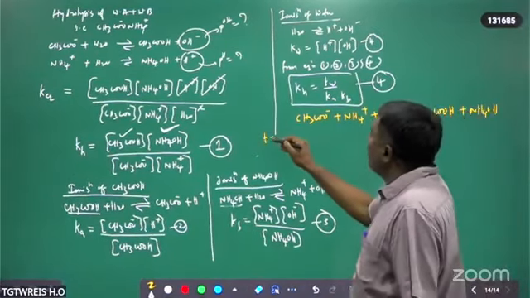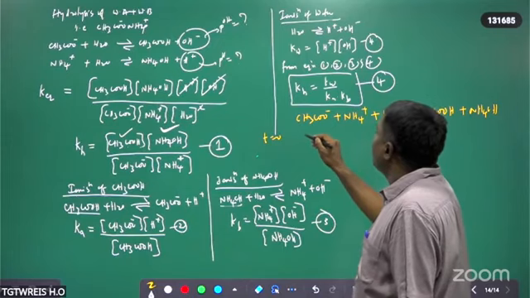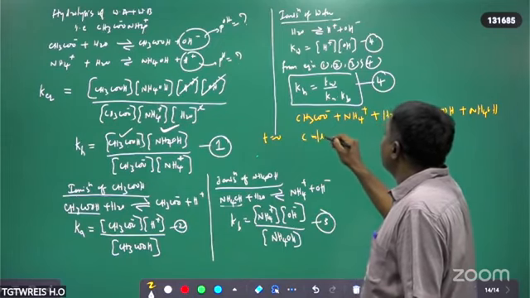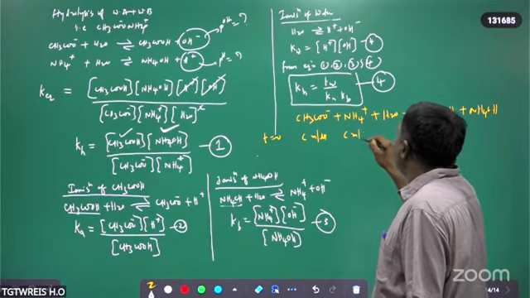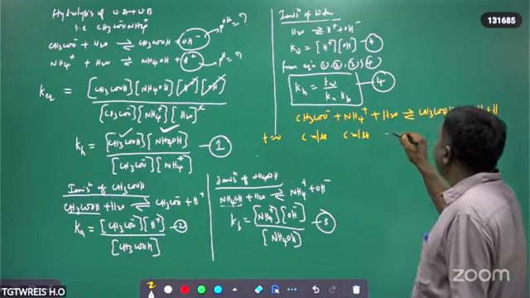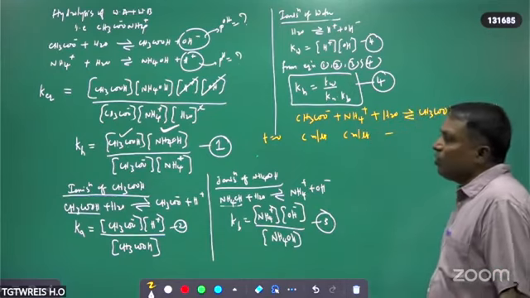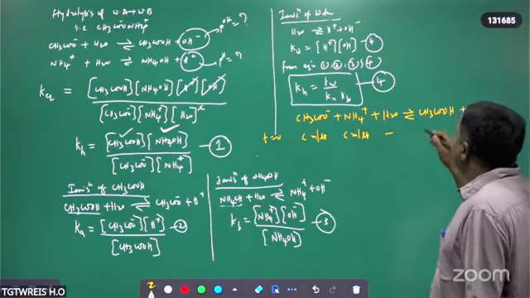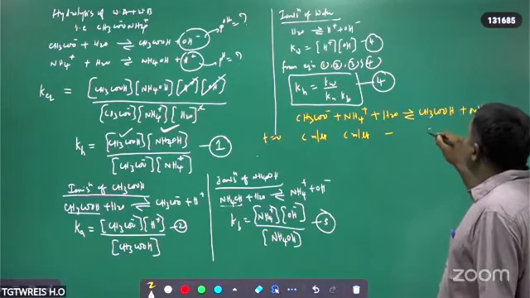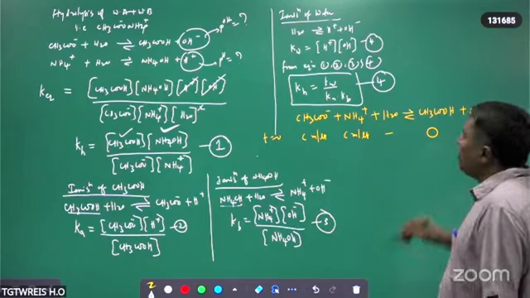So at time t equal to 0, if you assume this has C moles per liter, this also C moles per liter. This is pure liquid, no effect on the equilibrium. And this will be 0 initially, this also 0 initially.